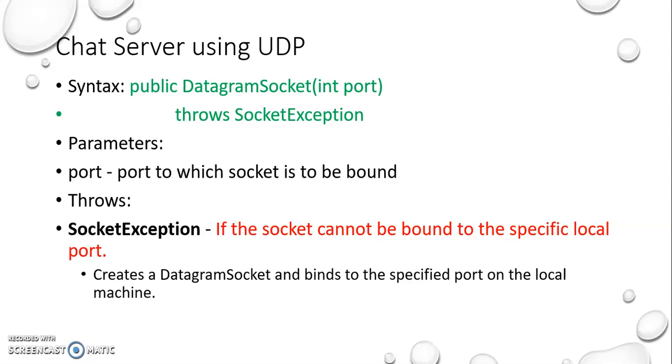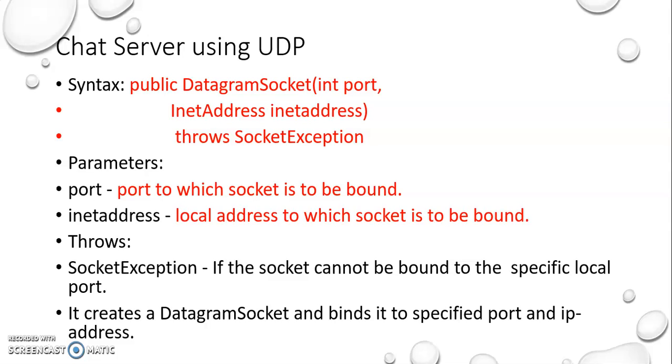So we can bind that port number here. So the syntax is public DatagramSocket(port number) throws SocketException. So the parameters are the port to which the socket is to be bound, and the other one is throws SocketException. If the socket cannot be bound to the specific local port, then SocketException would be raised. Otherwise it creates a datagram socket and binds to the specified port on the local machine.